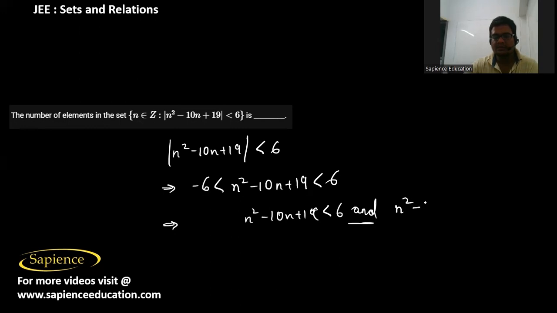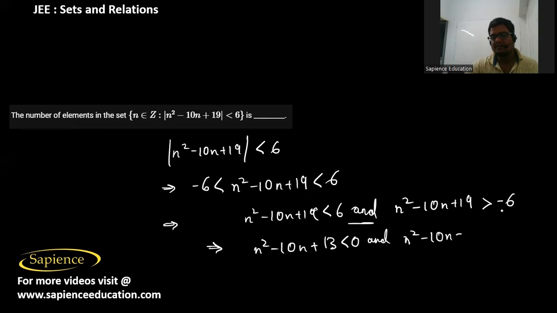So one is n² - 10n + 19, it is more than -6. So it means that n² - 10n + 13 is less than 0, and n² - 10n + 25 is greater than 0.